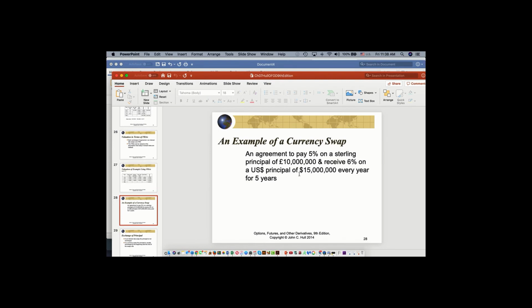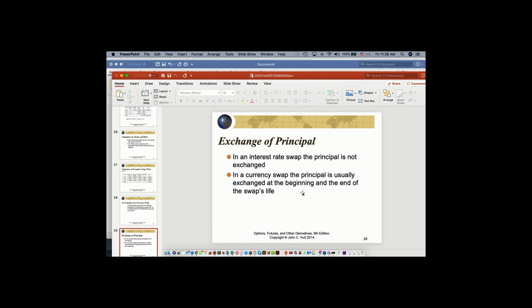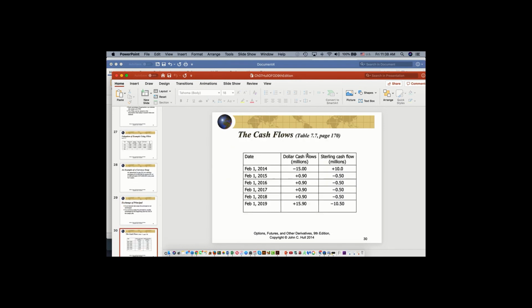So if we look at this dollar swap counterparty, you can see in the dollar cash flows, they give 15 million, and then they receive in return 0.9 million over the years, and the years are just 1 year, but in swap terms it can also be after 6 months or after 3 months.